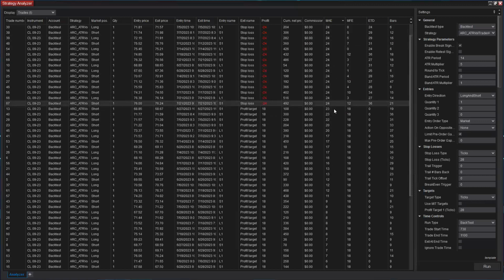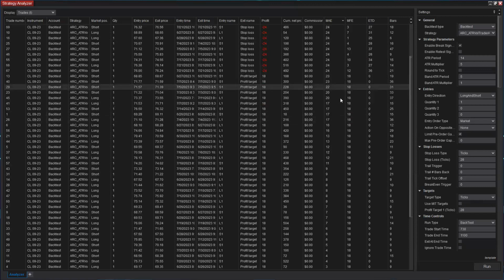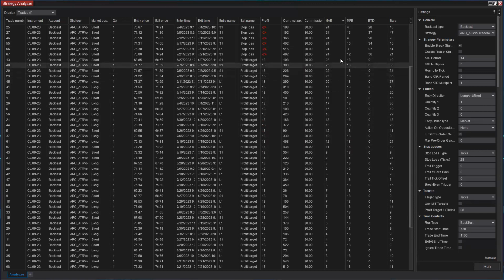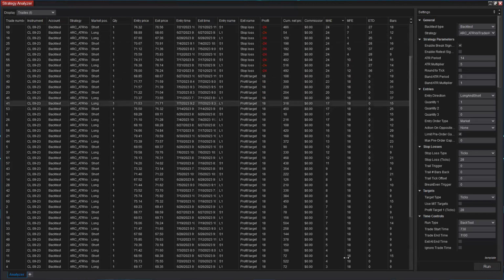Okay, so we've got some at 23, we've got one at 22, 20, 17. So it looks like there's not a lot that went more than like 17, 18 against us before they went and hit target. Most of them are 17 or less.